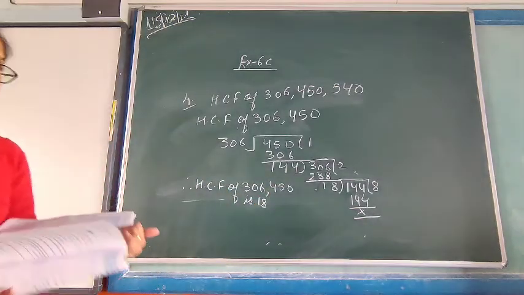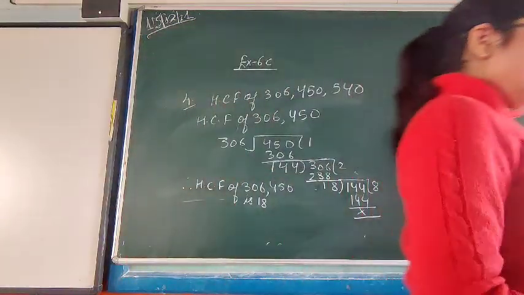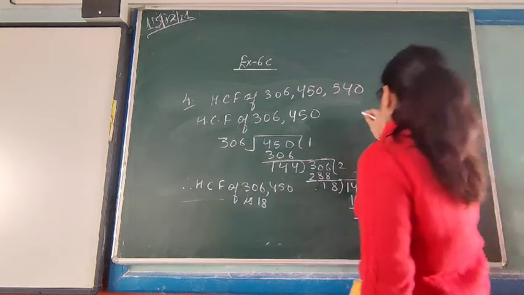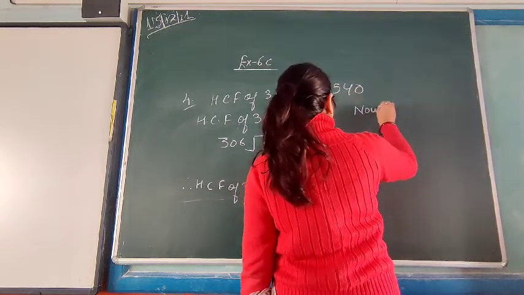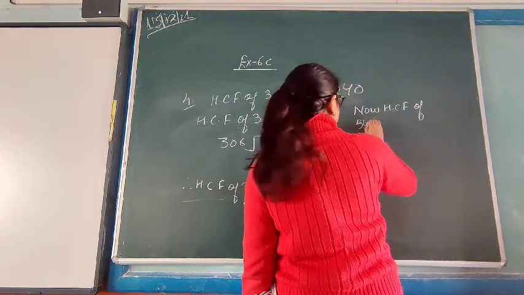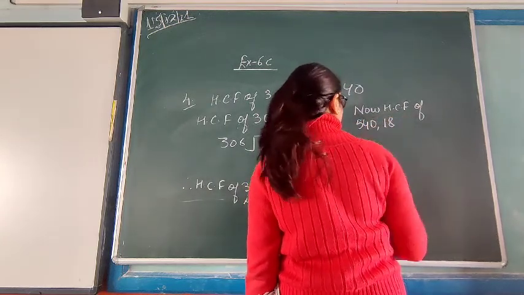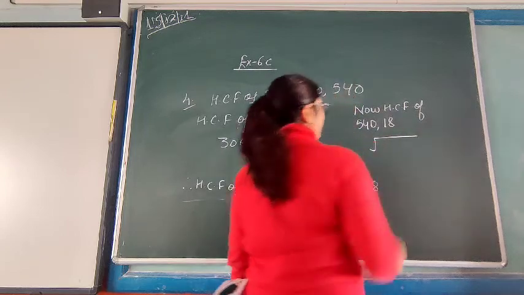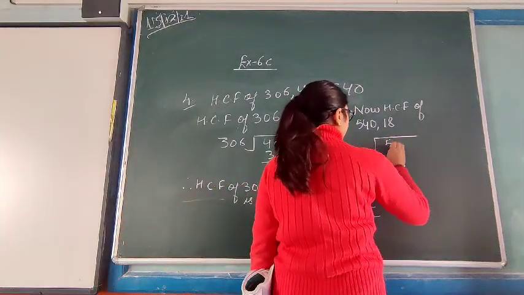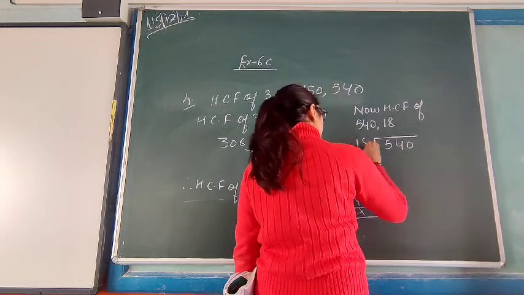Now you will take out HCF of 540 and 18. What you will do again? 540 will be dividend here and 18 will be divisor.